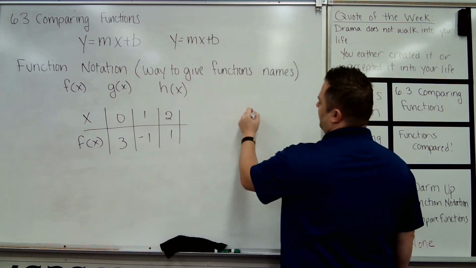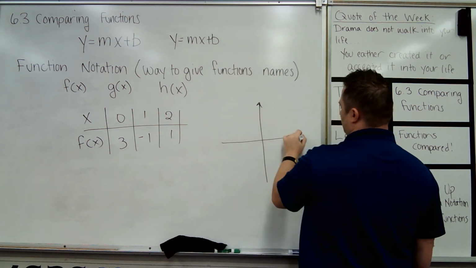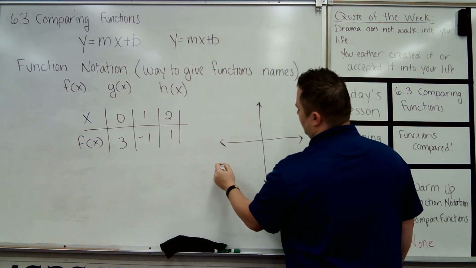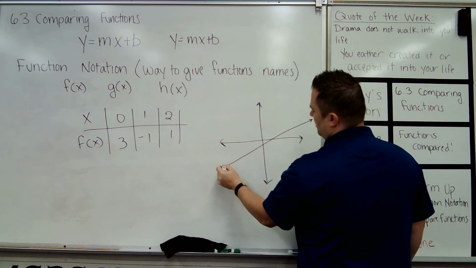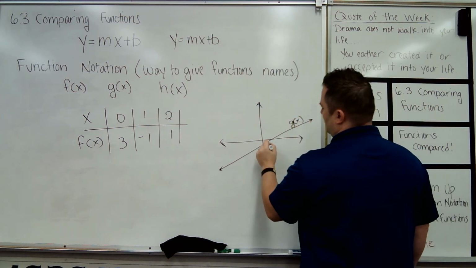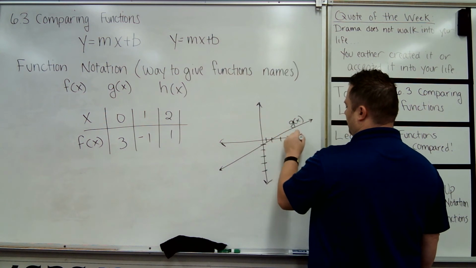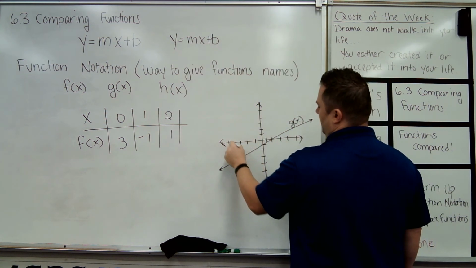And then I have a graph that looks something like this. And then let's just say the line going this direction represents g of x. Let's say it's 1, 2, 3, 4, 5 on each axis.